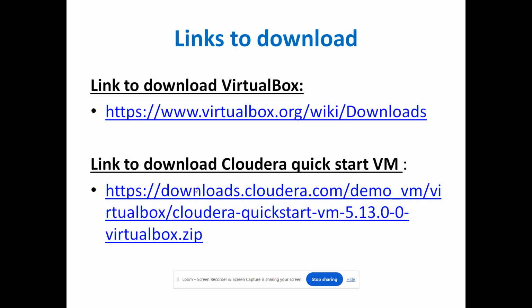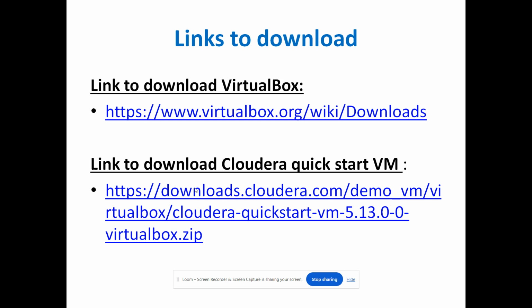So these are the links to download VirtualBox as well as Cloudera. First of all, we have to install VirtualBox. Once VirtualBox is installed, then we can go with Cloudera. So after giving the command sudo apt install virtualbox, VirtualBox is installed. Now we can go with Cloudera.